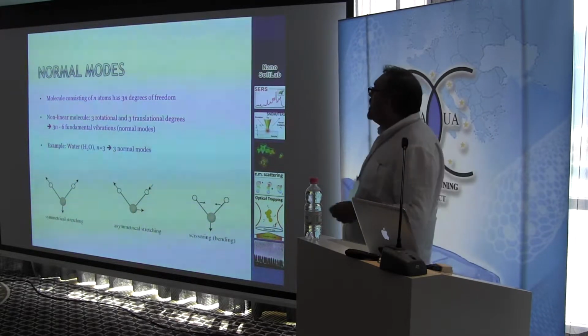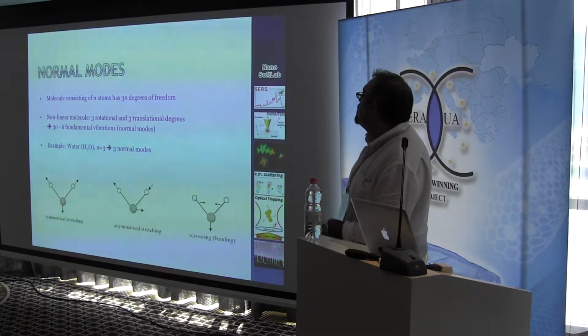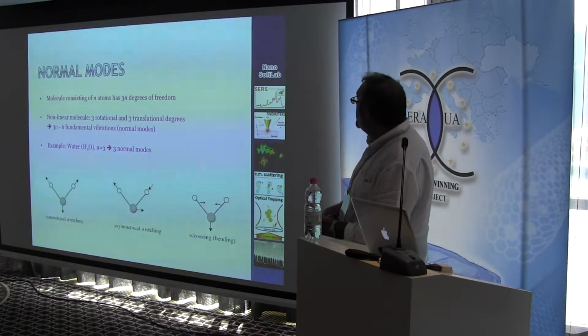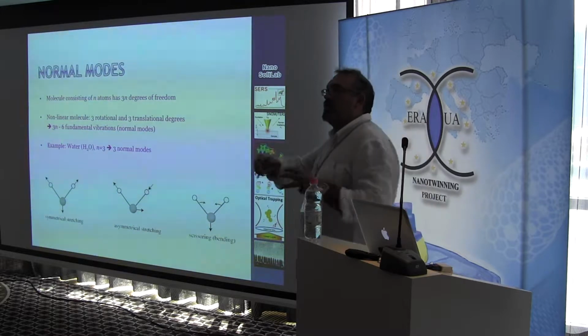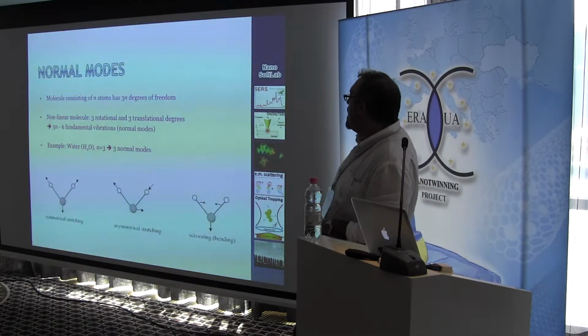When you deal with molecules, you must think about normal modes, in the sense that each molecule that is made of N atoms has 3N degrees of freedom. Out of these 3N degrees of freedom, 3 are rotational, the whole molecule rotates. 3 are translational, the whole molecule translates. So what is remaining is 3N minus 6, which are the fundamental vibrational modes.